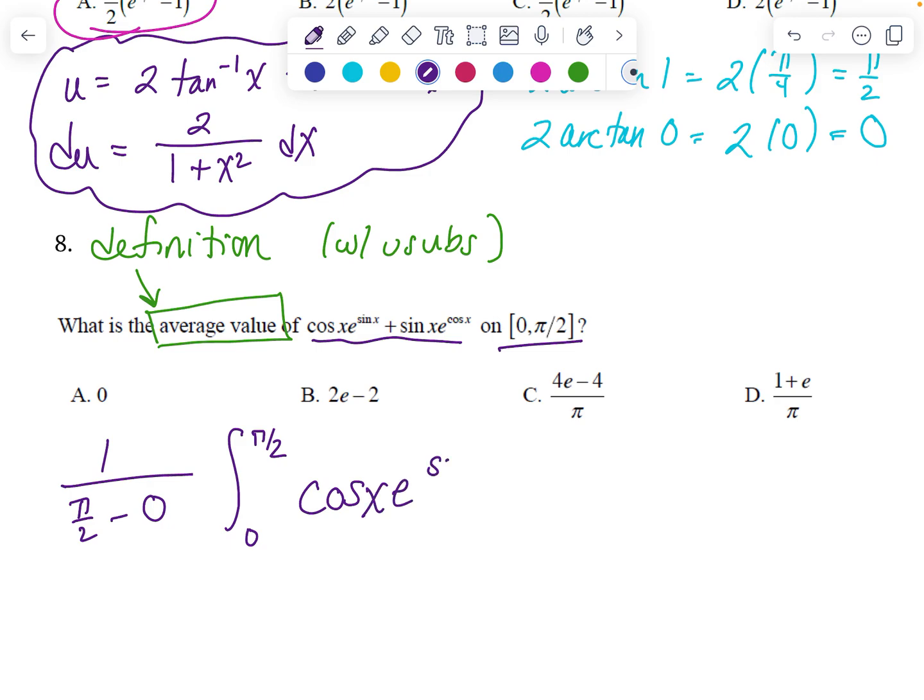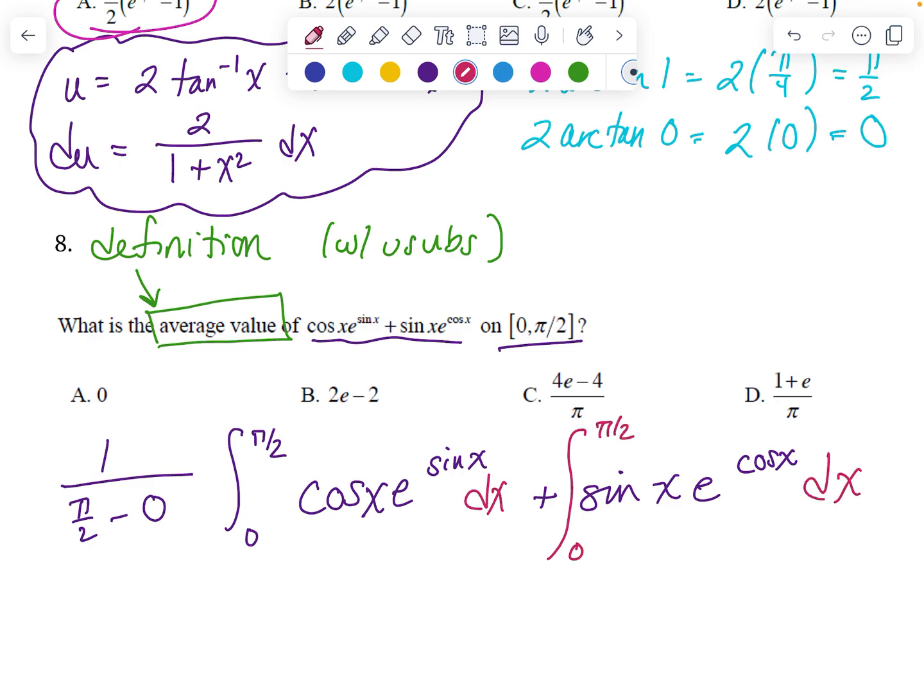Well, just plow ahead, friends, and keep telling yourself you are smart enough to do this. Okay, sine e to the cosine. Okay, and I left some space because I think I would really rather split this up because of how I'm going to think about that integrand. Okay, so it's really just 1 over b minus a integral of the whole thing, but I split it up because I want to do like different u substitution thinking.